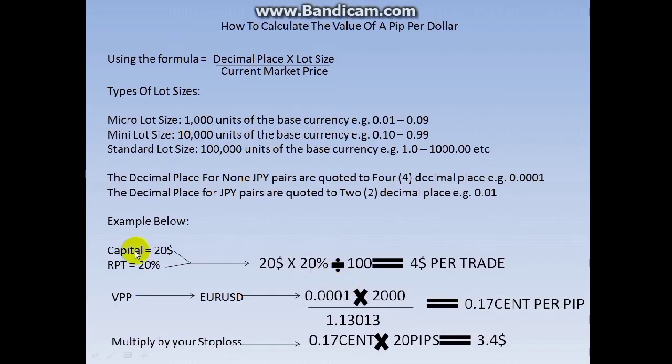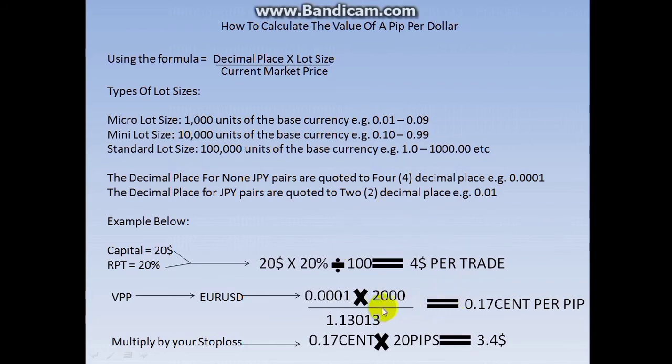Now for someone having a $20 account, your maximum risk per trade is 20%. Remember we said 20%, right? So that will be $20 times 20 divided by 100. So you are risking $4 per trade, and you are having a stop loss of 20 pips.